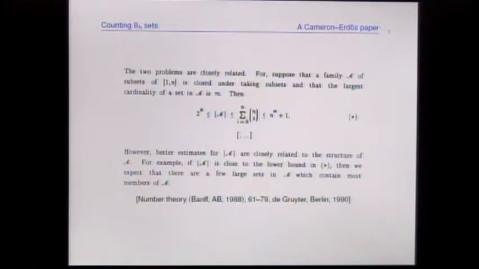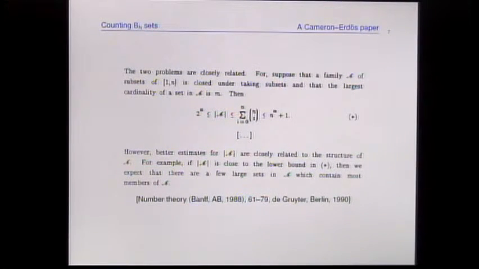Still in the introduction, they say, if I have a family curly A of subsets of brackets n, which is closed under taking subsets, then you can write down these inequalities, this star.